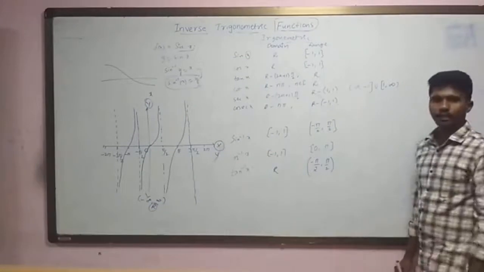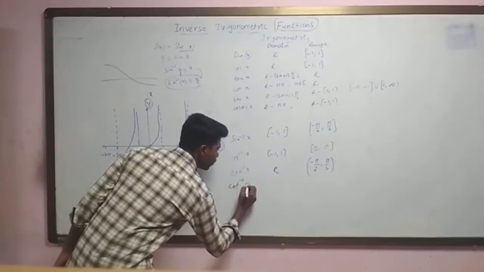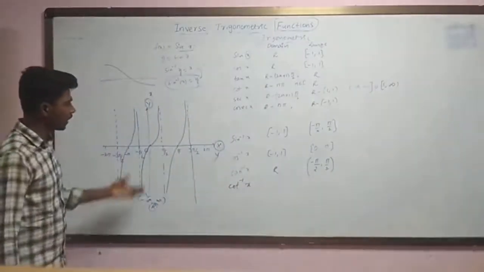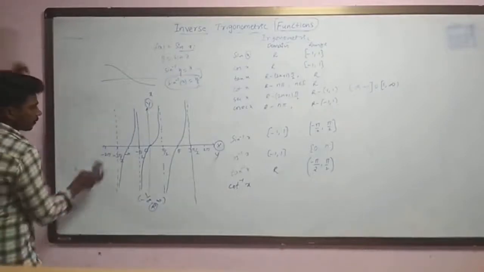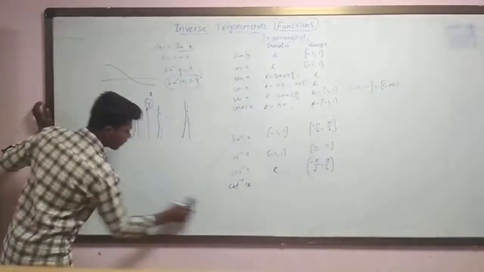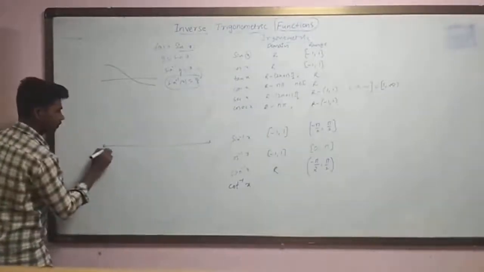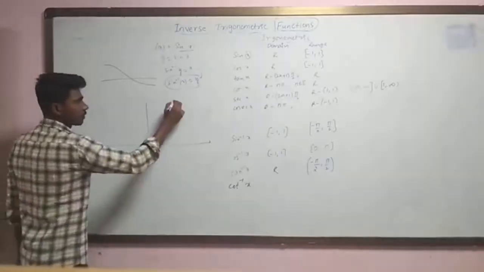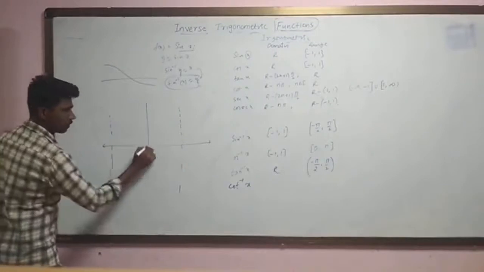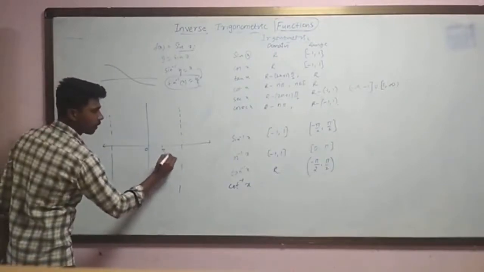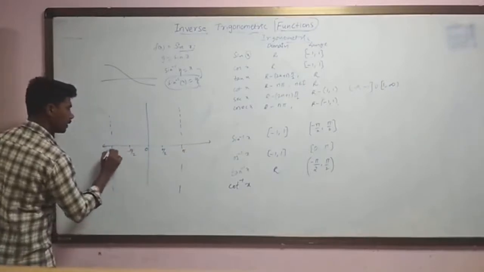Now we go with cot inverse. If I take the cot inverse function, which behaves in a way similar to tan, I draw the diagram. The graph of cot inverse x. We take 0, pi by 2, pi, minus pi by 2, minus pi.